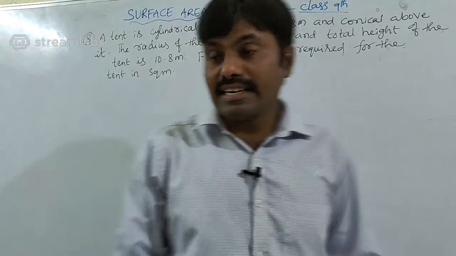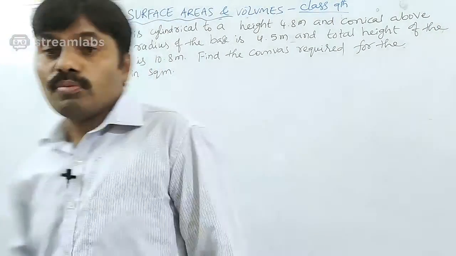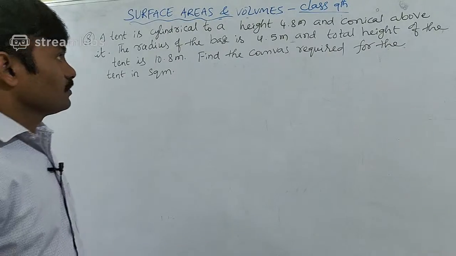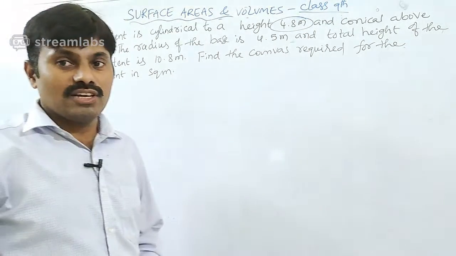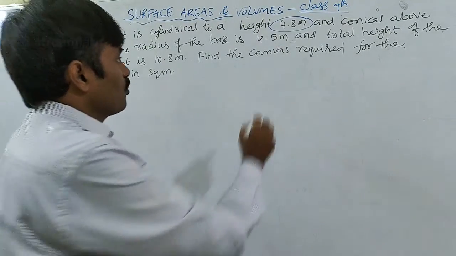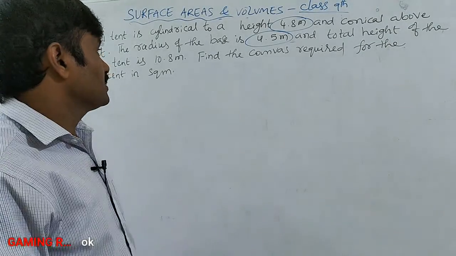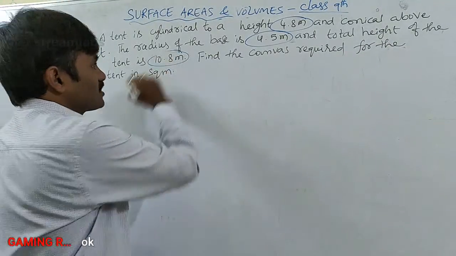Now, what is given? A tent is cylindrical to a height of 4.8 meters and conical above it. The radius of the base is 4.5 meters, and the total height of the tent is 10.8 meters.